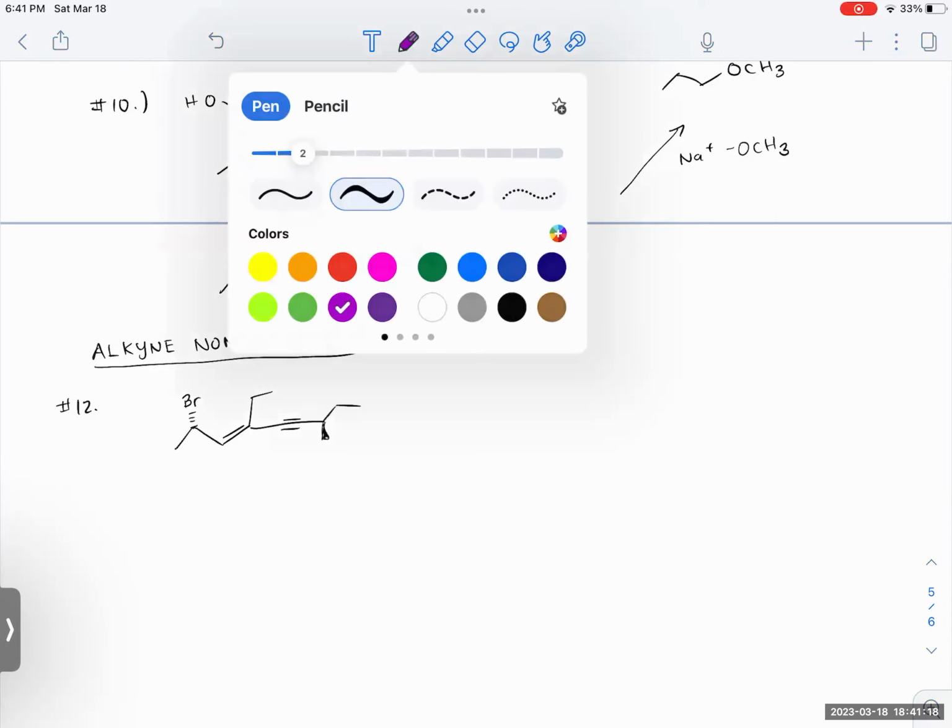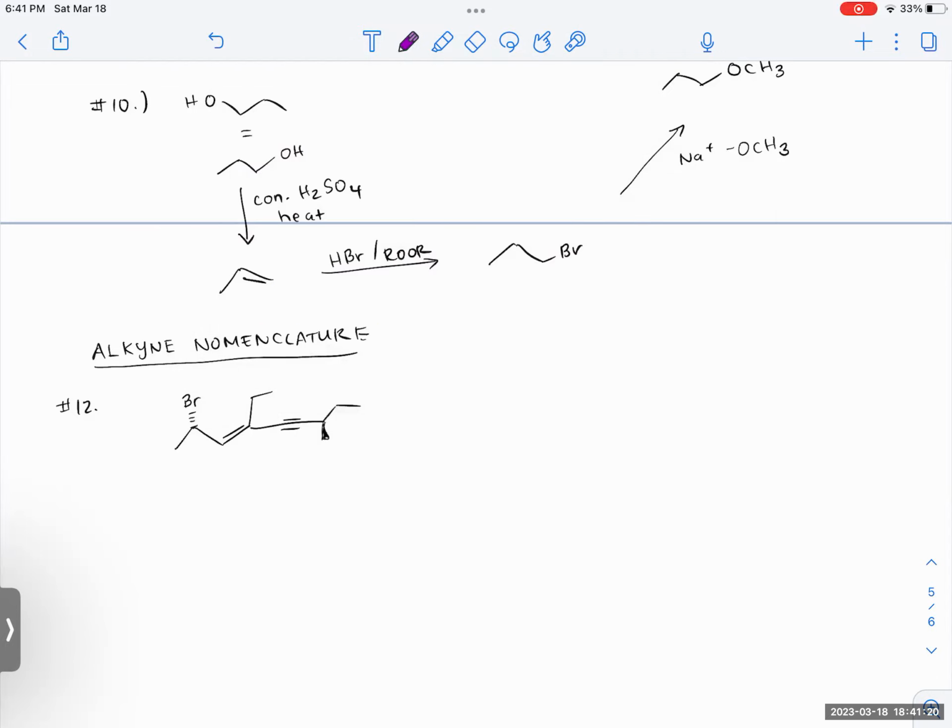This is a good one. Our first step is to find the longest chain. With this one, it's pretty easy to see that that's the longest chain there. So we've done that part.